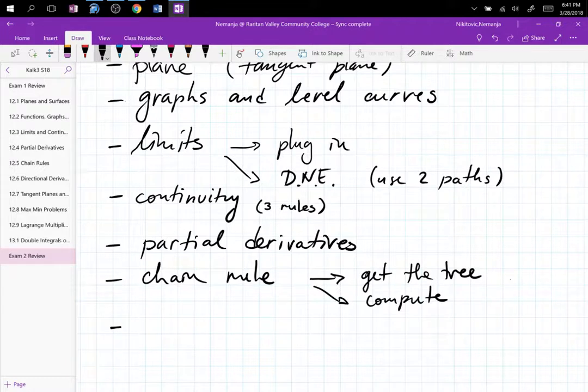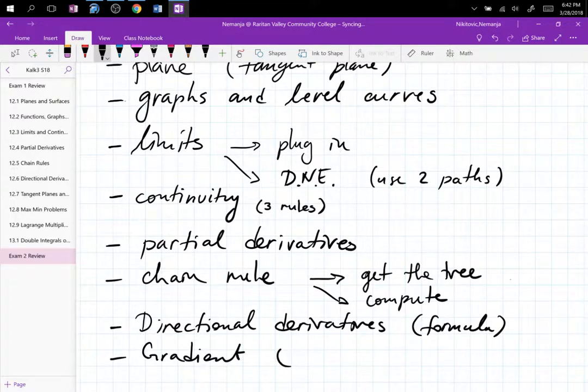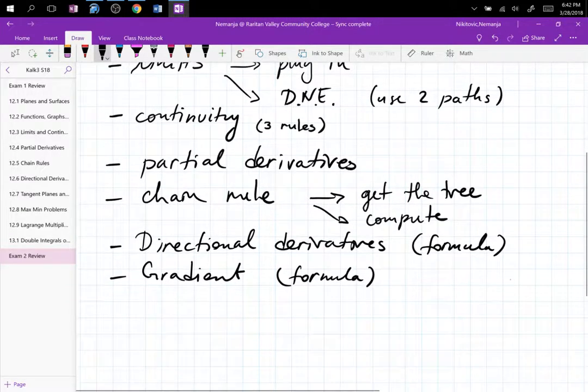After that, we have directional derivatives and gradient. Must know the formula on that one. Gradient, also formula. It's a vector of partial derivatives. Easy.